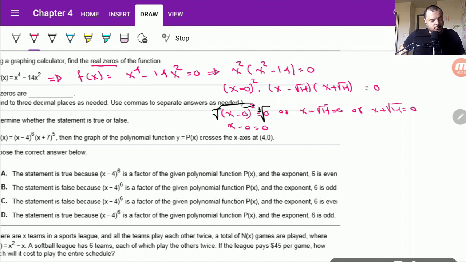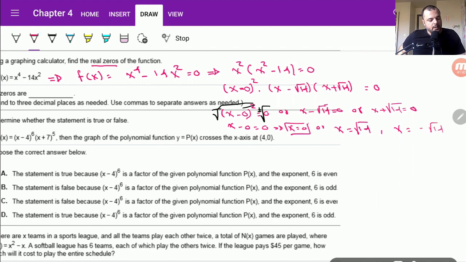Then add 0 to both sides, you get x is equal to 0. So the first zero is x equals 0. The second zero, just add radical 14, you get x equals radical 14. And the last one, x is equal to negative radical 14.